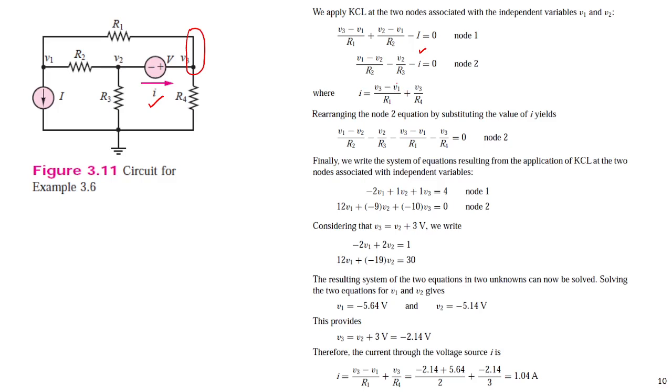Maybe we arrange three equations first, then we reduce the current I later. It's up to you. There are many ways to solve this type of circuit. This is the final solution.